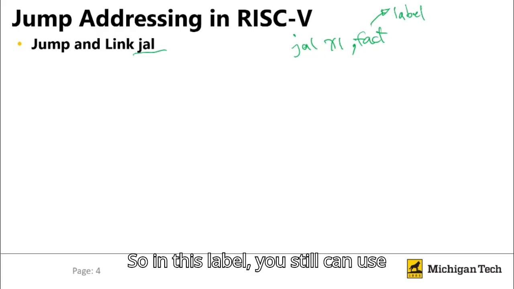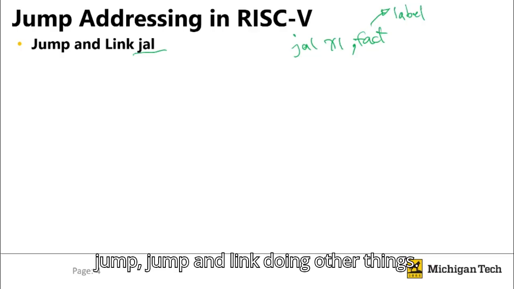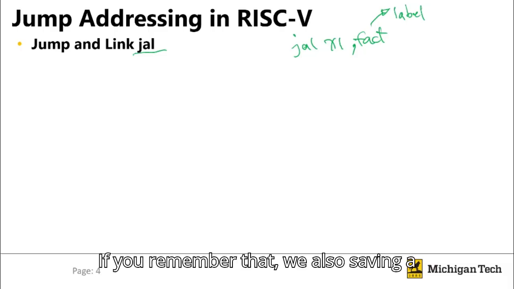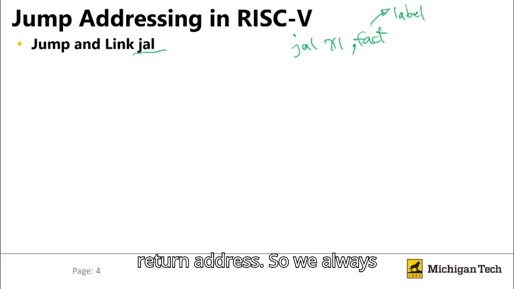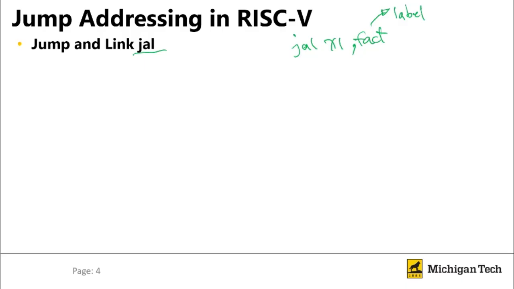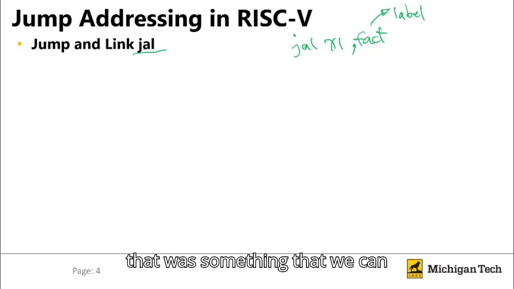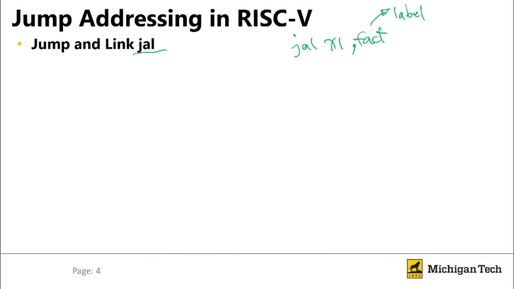With this label, you can still use PC relative addressing for jump and link, but in addition, jump and link does another thing. If you remember, we also save a return address. So we always save the return address as well. We save the return address before jumping. So that was something we need to consider.